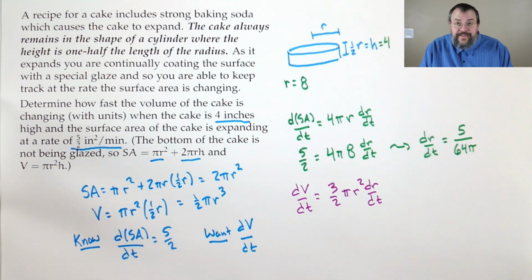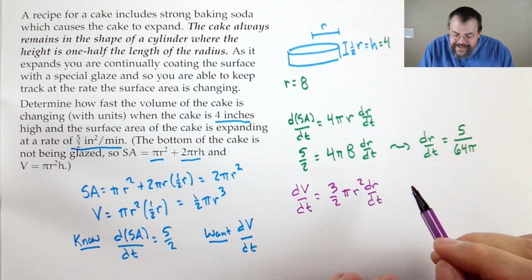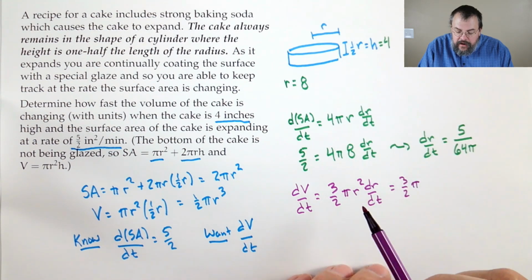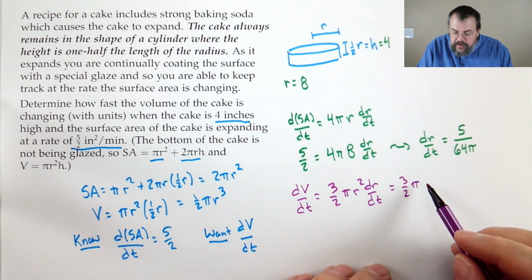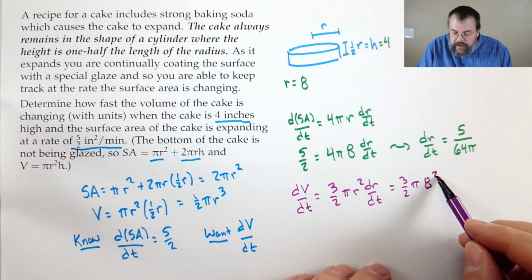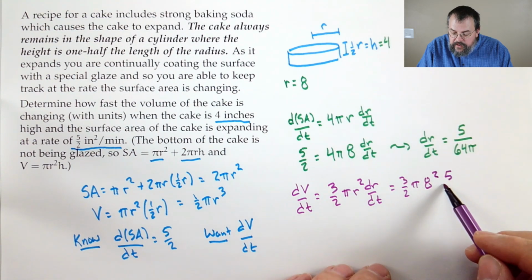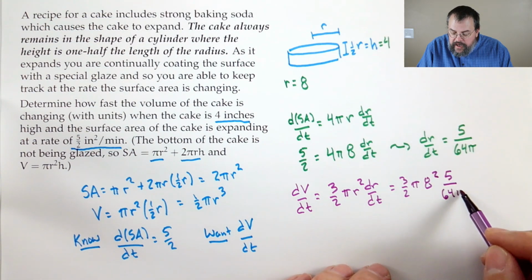Now we know these things. Good news: this is 3 halves times pi, r is 8 so 8 squared, and dr/dt is 5 over 64 pi.